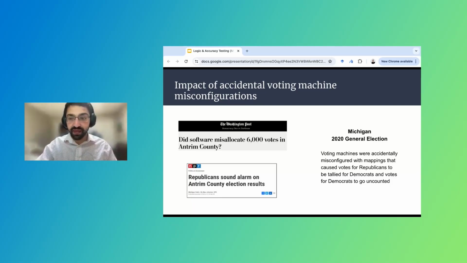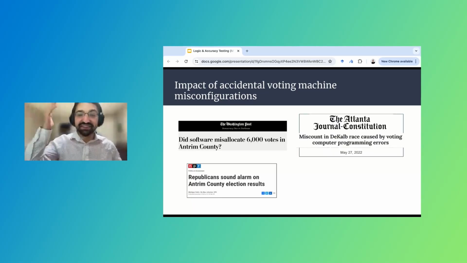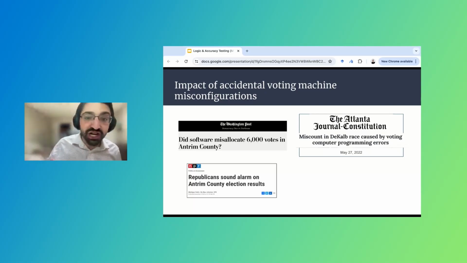Oops. This incident didn't cause votes to be swapped across contests, but it shows how accidental misconfigurations can indeed cause votes to be swapped. And this type of an accidental misconfiguration was not a one-off incident. There are a number of examples I can cite for which similar things occurred, such as DeKalb County, Georgia in 2022. And in these sorts of examples that I've mentioned thus far, these accidental misconfigurations that cause votes to be swapped across candidates were quickly caught and corrected after the election.